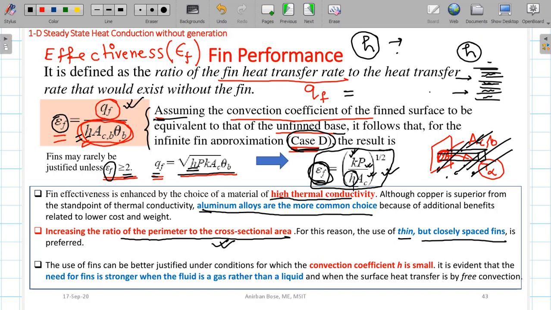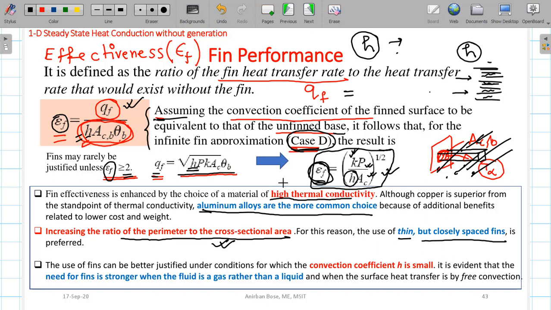Here you can see that if h is low, then fin will be more effective. It is clear that suppose you want to exchange heat from a device, and the situation is such that there is no fan, or hardly any flow is present, or the surrounding fluid or the geometry is such that h is not very high.